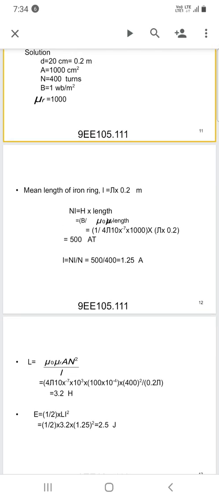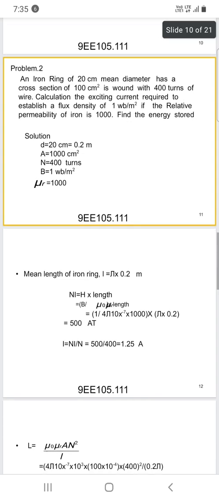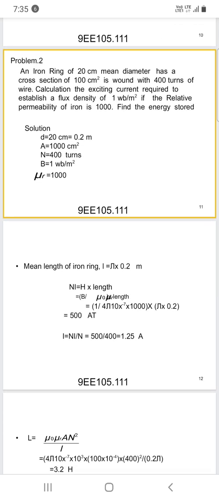From the above problem, the mean length of the iron ring is pi into 0.2 meter.